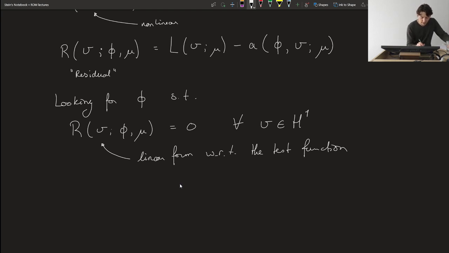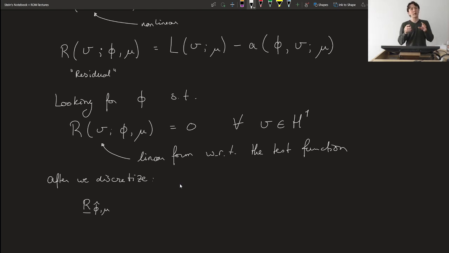So suppose that after we discretize, then our linear form will become a vector, which means that we now have a vector R that depends on, well, our solution phi, but again, sort of the components of this vector that describe phi, and our parameter point mu.